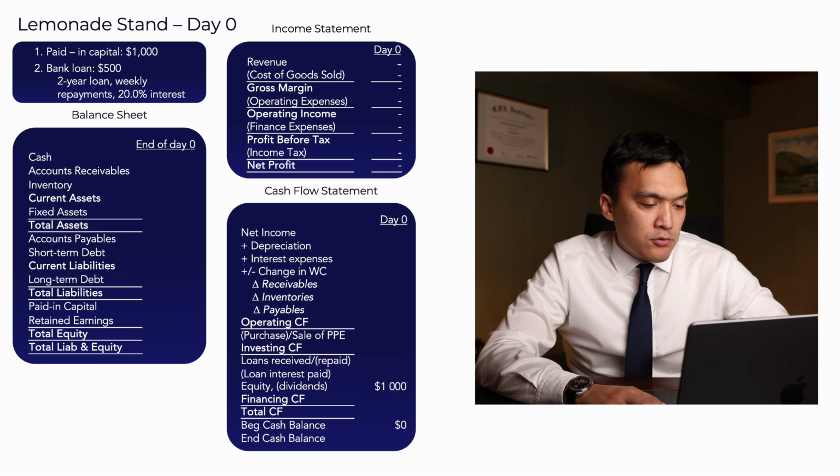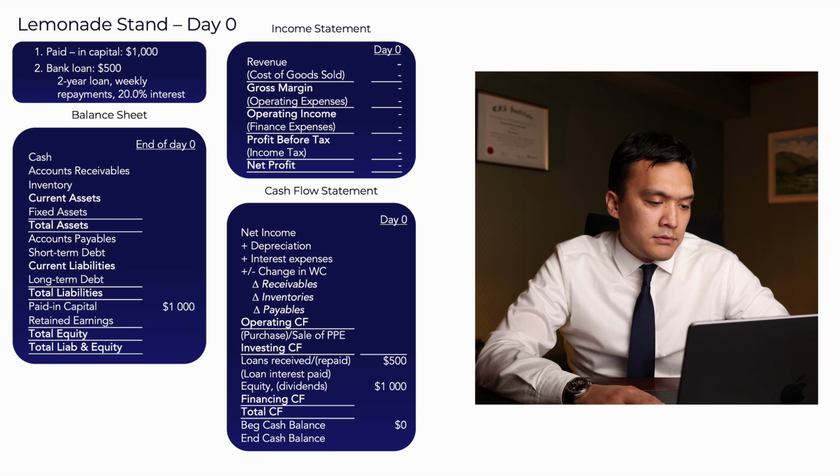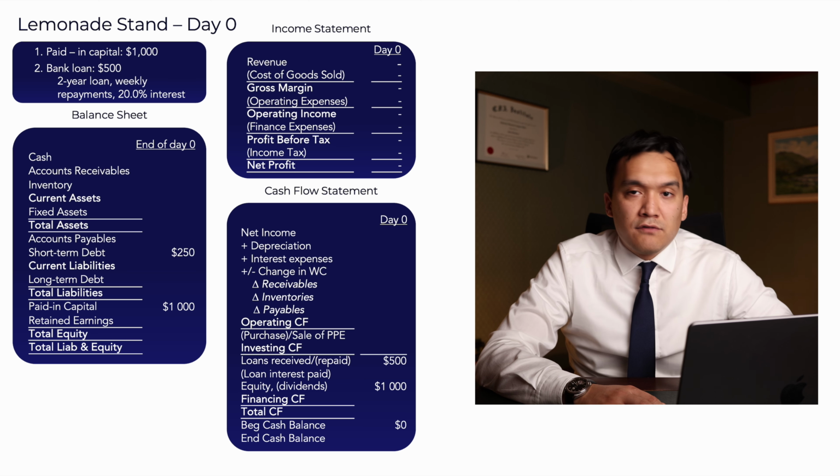In the cash flow statement, we see that we have $1,000 of inflows from equity injection, and then we show on the balance sheet that we have paid-in capital of $1,000. And we show loans received of $500, and we show on the balance sheet the short-term portion of this loan of $250.